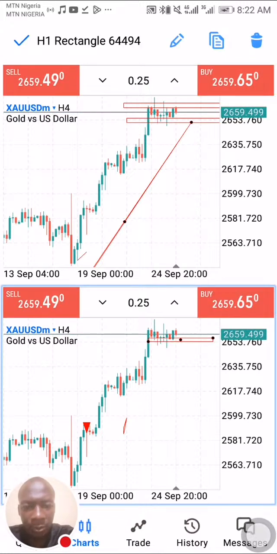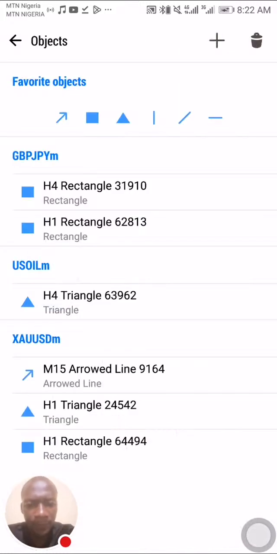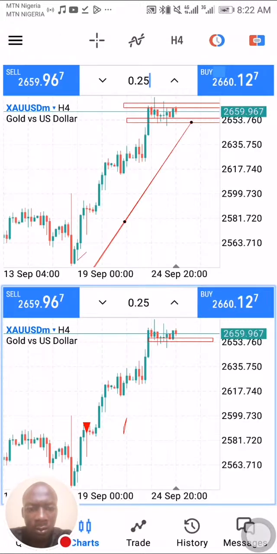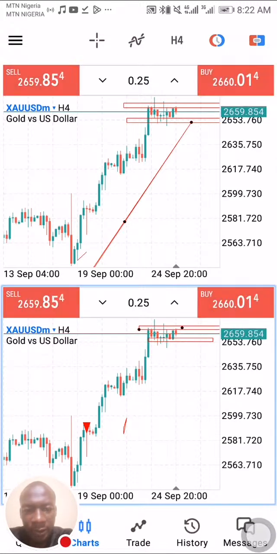So this is our support. Let us also mark our resistance. We are going to scale down, don't worry. So here is our resistance area.